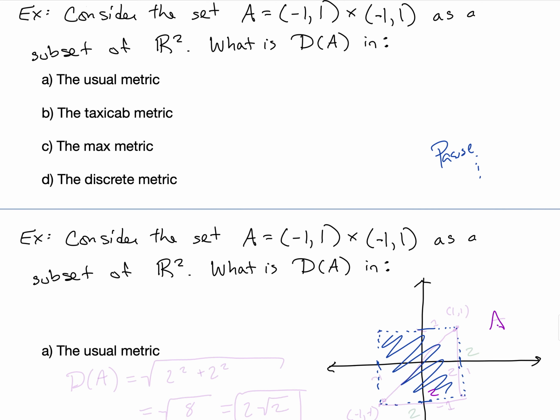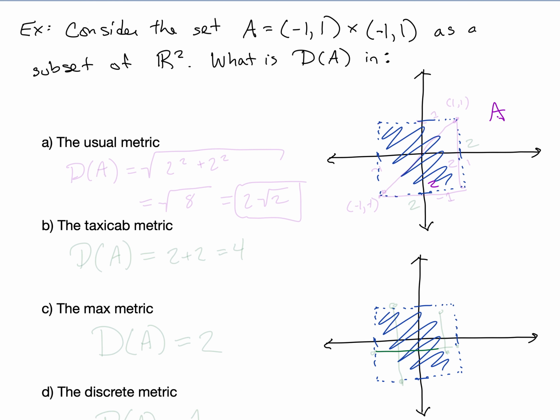Okay, so here is a graphical representation of our set A, the open interval from -1 to +1, crossed with the open interval from -1 to +1. Because this is an open interval, I've drawn dotted lines along the edges. So what is the least upper bound of the distances between points in this set? If we think about points that are as far away as possible from one another, they would be points at one corner and another corner.